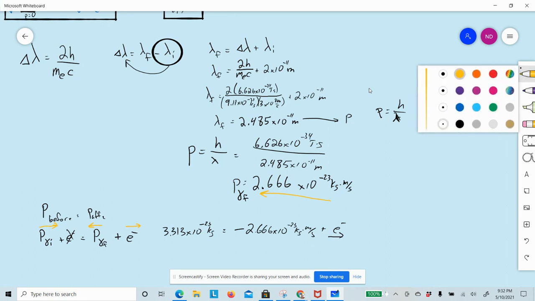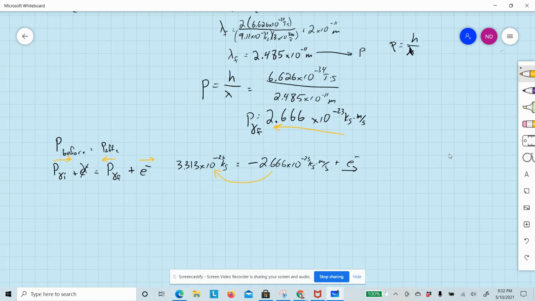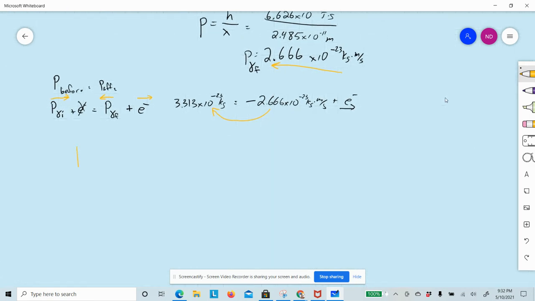We have to bring this over there, and we'll get the momentum of the electron after the collision equals 3.313 times 10 to the minus 23rd kilogram meters per second plus 2.666 times 10 to the minus 23rd kilogram meters per second.